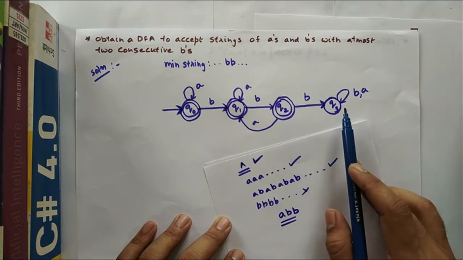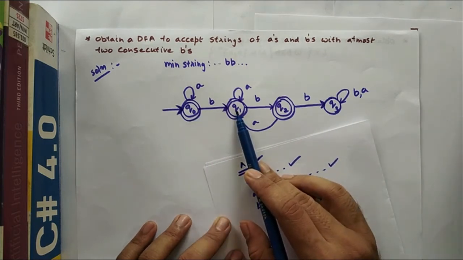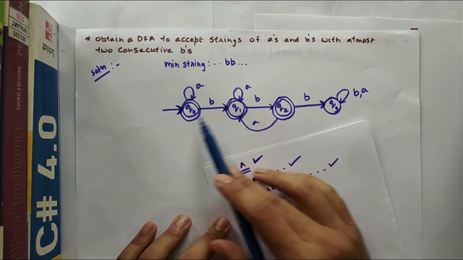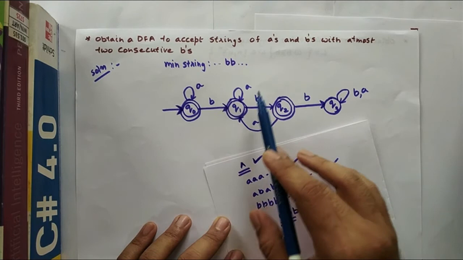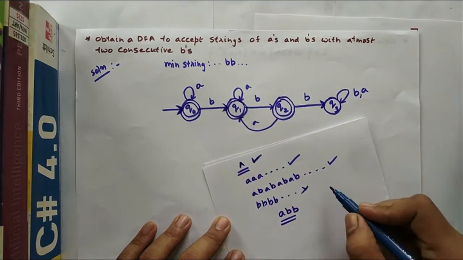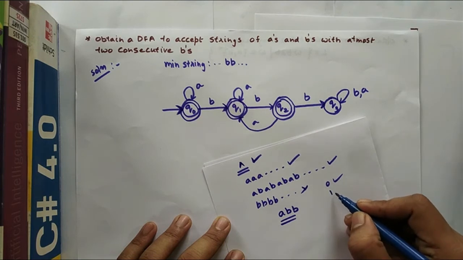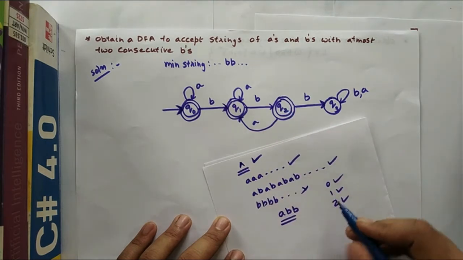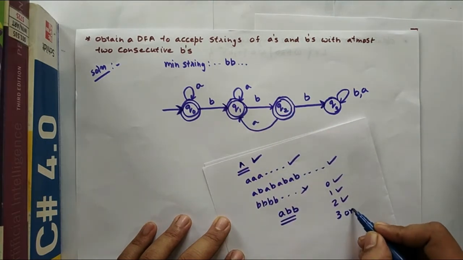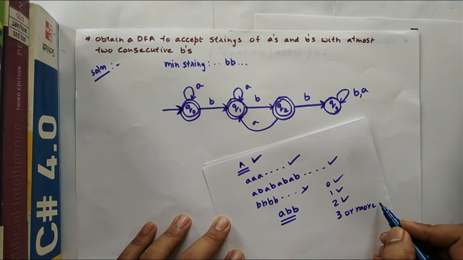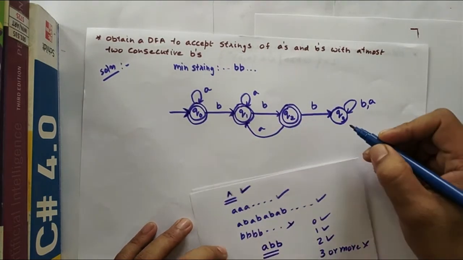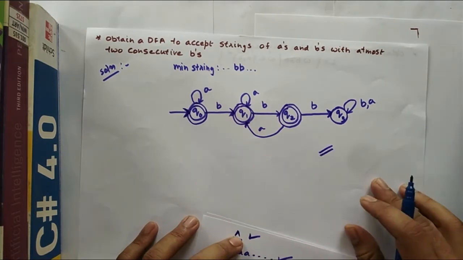That means whether it is a single B with no A's or n number of A's, or whether it is 2 B's with no A's or n number of A's, 0 number of A's, B is accepted. One B is accepted, 2 B's are also accepted, but the moment it is 3 or more, it is rejected. Correct? So this is the required automata.